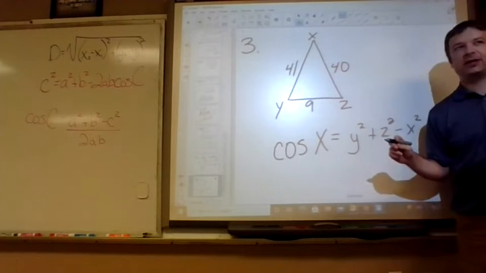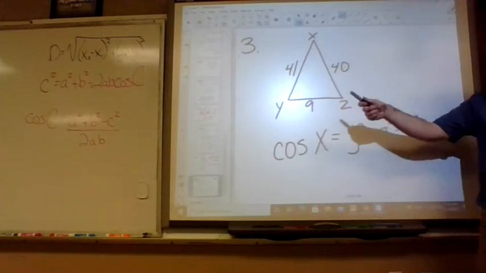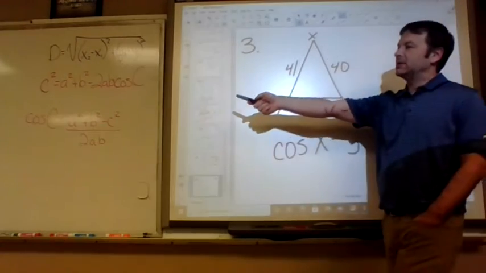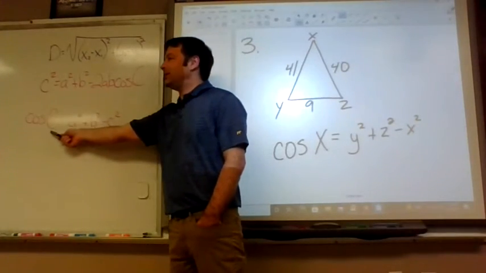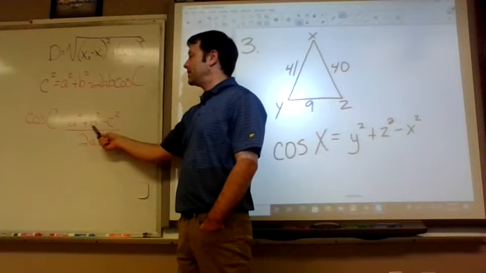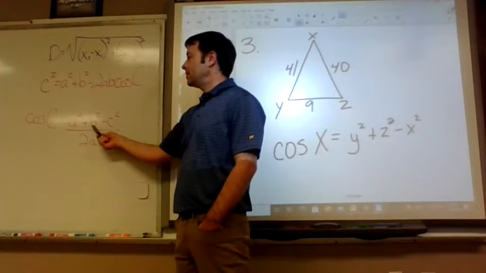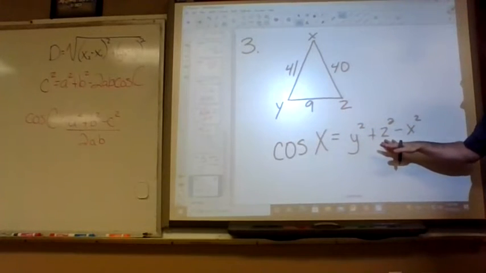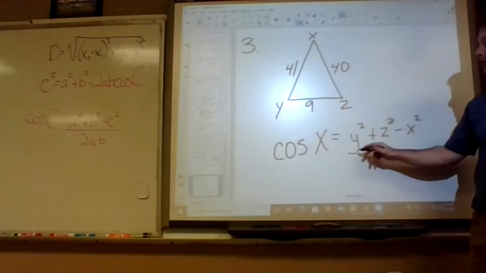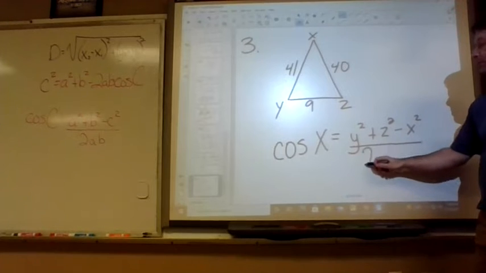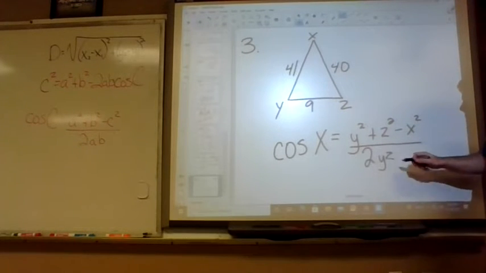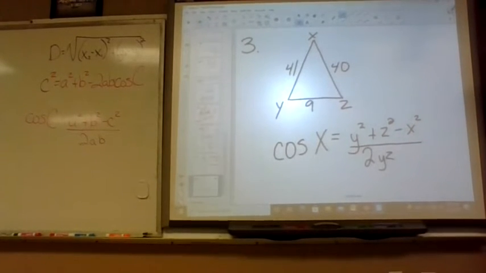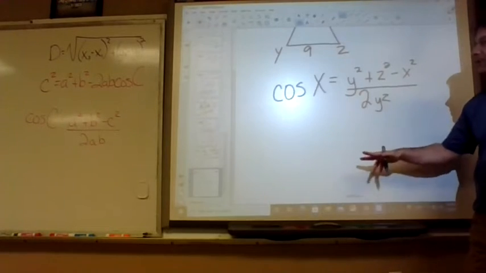You guys see how I figured that out? If your angle is C, you start with the other 2 sides that are not side C. A squared plus b squared. So it's y squared plus z squared minus x squared, over 2yz. Okay, that's our formula.